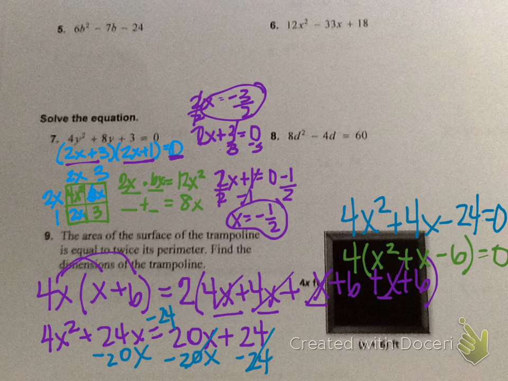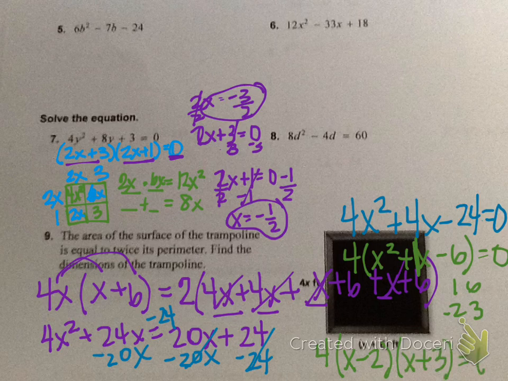And to multiply to get 6, I would have 1 and 6, 2 and 3. And if the 2 is negative and the 3 is positive, I would get 1 here. So I have x minus 2, x plus 3. Now, the only thing that makes sense: x couldn't be a negative number because that would mean it was negative feet on one side.